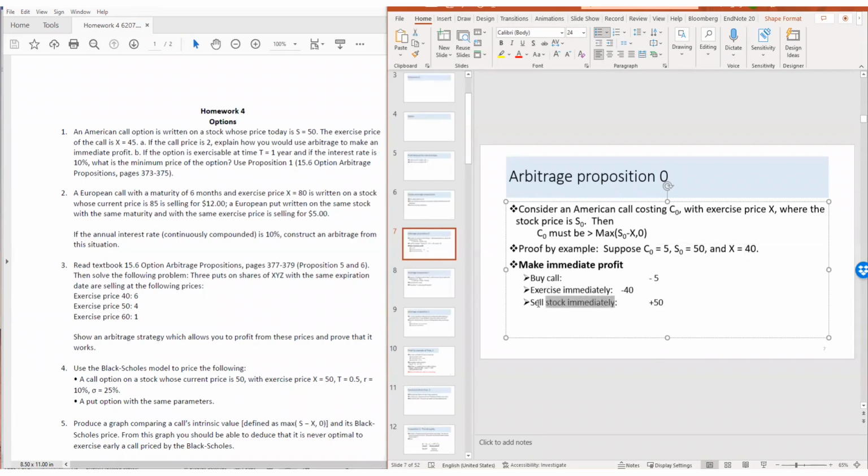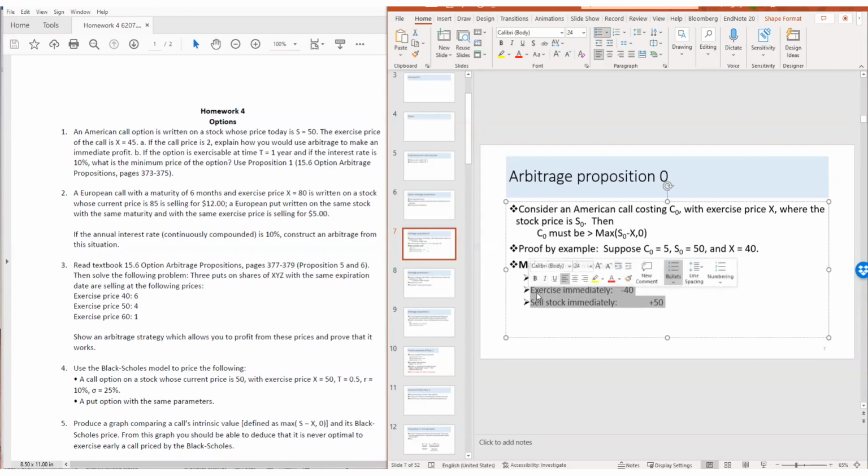And then what you can do simultaneously is go to the stock market and short sell the stock immediately. So you will receive $50. Since you buy the stock here, you have one share from here, and one share borrowed from here. So these two shares can cancel out. You can return the borrowed share with the share that you bought when you exercise the call option. Now the gain for this activity will be a plus $10 gain.